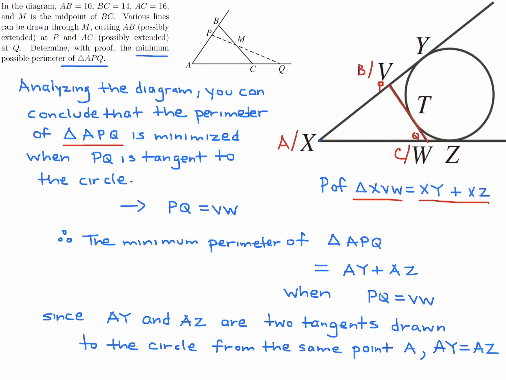So I can substitute that back into the perimeter formula, and I get that P is equal to 2 times AZ, because AY is equal to AZ. That is a very important finding right off the bat. P is equal to 2 times AZ, where AZ is from here to here.